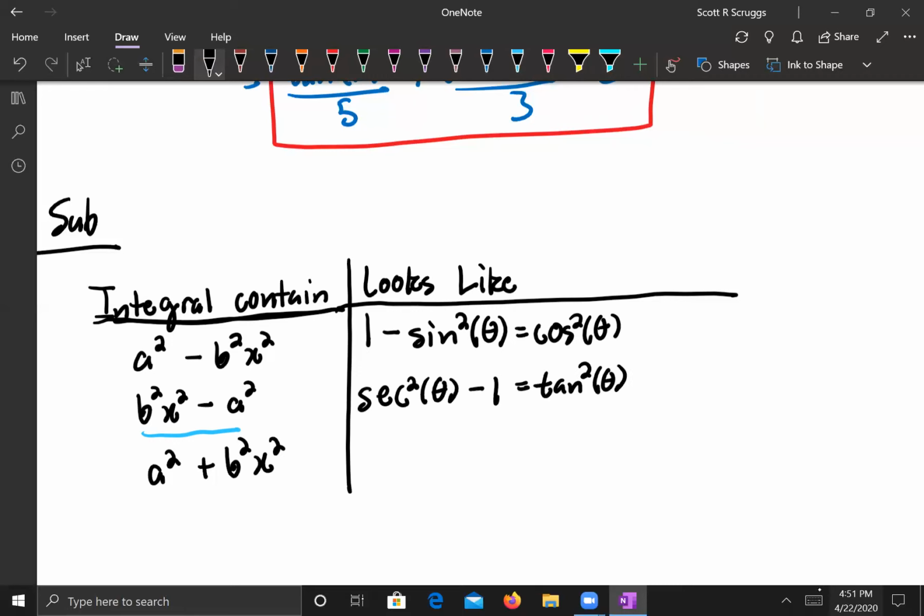And as for the third, if it contains a squared plus b squared times x squared, I want to marry that with the identity tangent squared of theta plus 1 equals secant squared of theta.